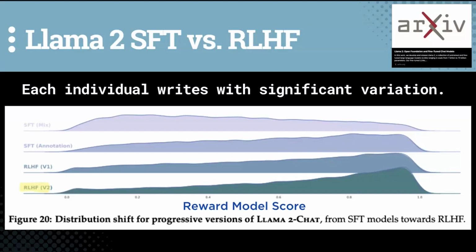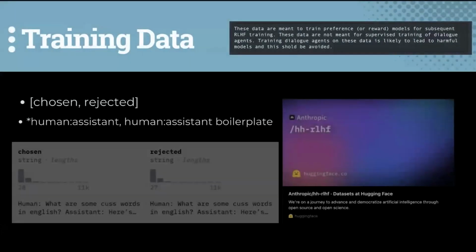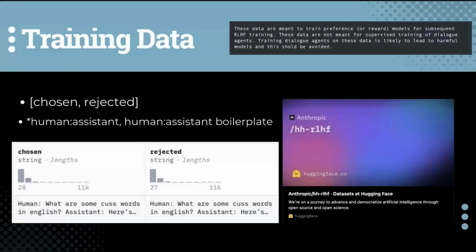Now, all we have to do here tactically is leverage a data set like the one we just looked at. That's what we wanted to do well on. So let's train a model based on that. We have chosen and rejected pairs. And so what we're going to do is take something that's really good at just classifying.